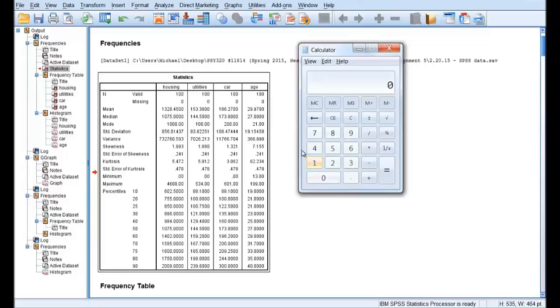Just to show you that example, remember age, where there was a person who was 199 years old in our data set? Look at the skewness value for that data set. 7.155. That's huge. That means there's some number in your data set that's 7 standard deviations beyond the mean value.